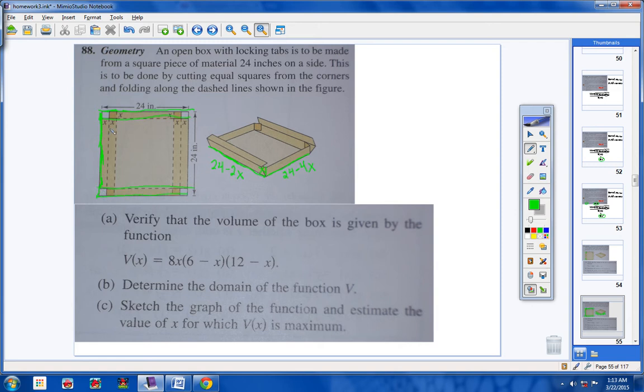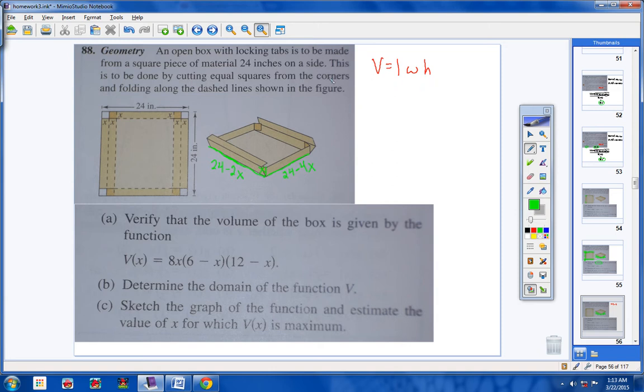So now the length of this side right here only runs from here down to here. We lost an x here, and we lost an x here, so it's 24 minus 2x. Now the height is x. Why do we need the height? Because we're dealing with volume. Volume is length times width times height.